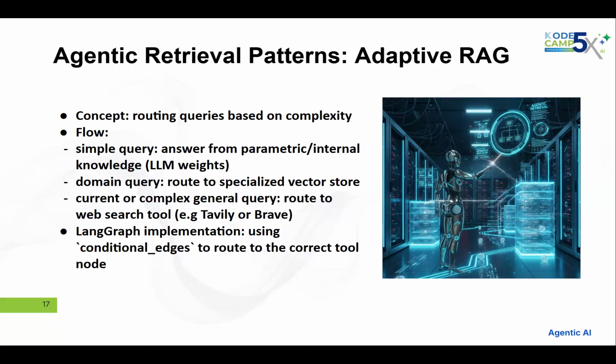So of course, that's where we want to use the explicit edges. You could also implement that in edgeless graphs. The important thing is that you route based on specific conditions related to the nature and the complexity of the query. Any question?